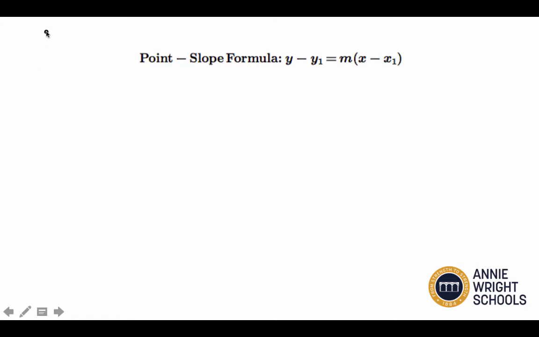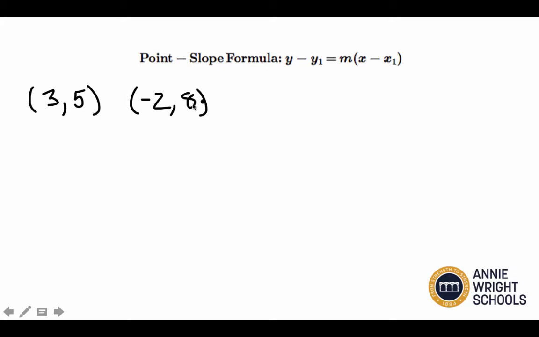So again, all we're doing in class today is if you know the point on a line and the slope, you can write the equation of a line. My favorite way to ask this question is write the equation of a line that goes between the two points (3, 5) and (-2, 8).